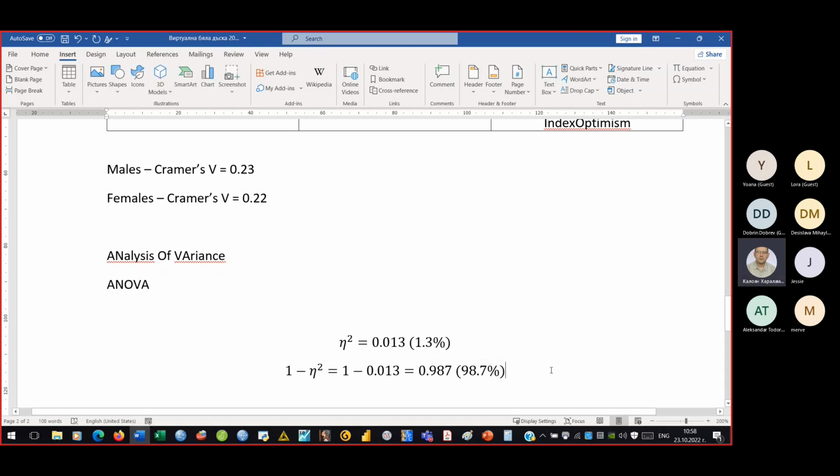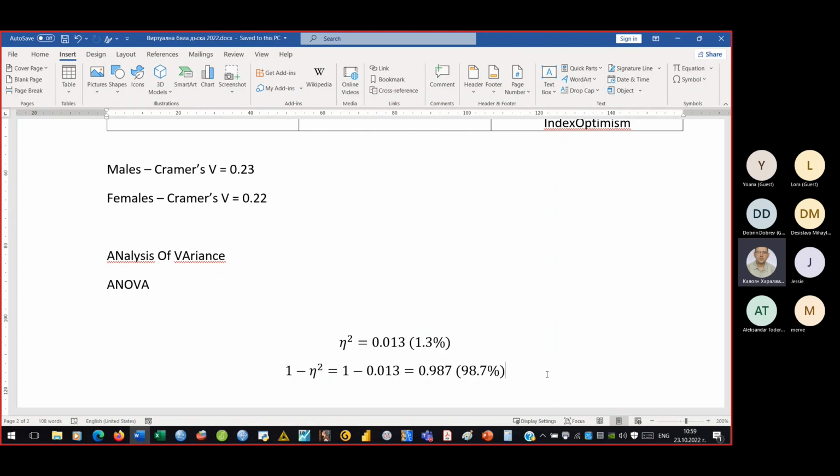That means that 98.7% of variance of optimism are explained by all other possible factors.